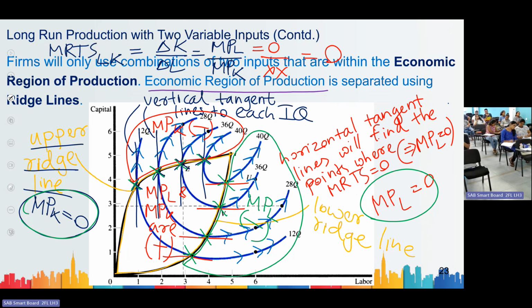Within the ridge lines, that means within the economic region of production, both MPL and MPK values are positive.